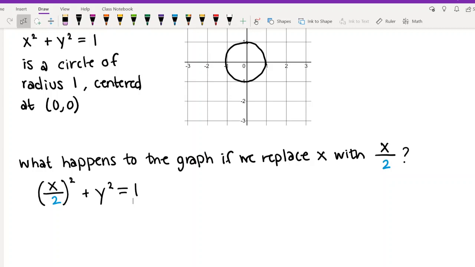When we did sine of x and then sine of x over 2, or 1/2 x, that made the graph wider. And so what this 2 is going to do is stretch the graph horizontally by 2.